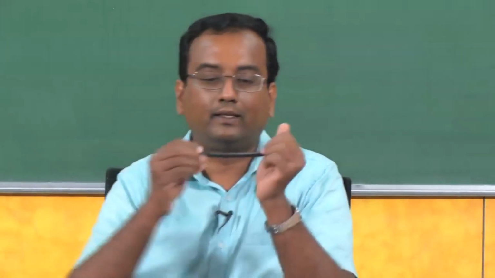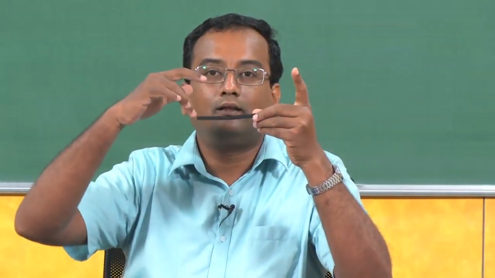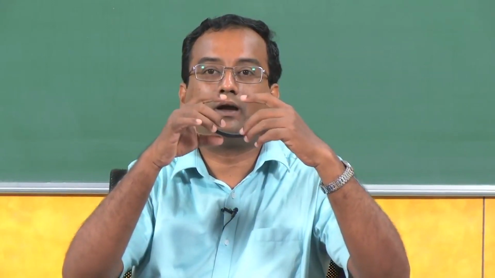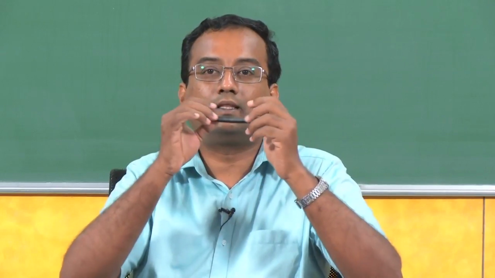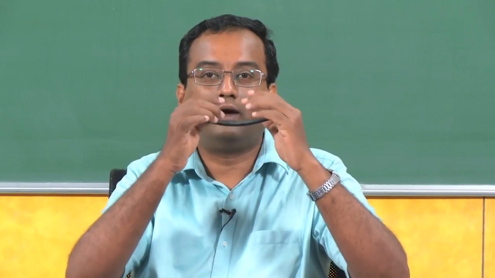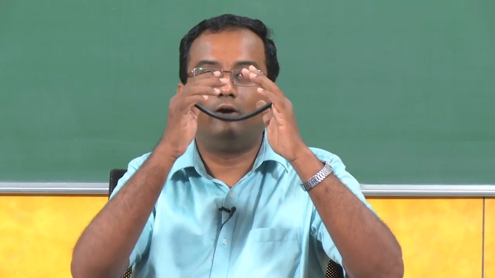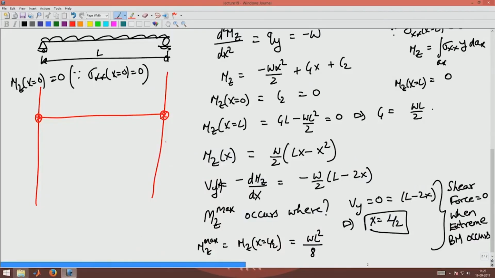The beam bends like this, you can see that the top surface is in compression and the bottom surface is in tension, because the length at the bottom has to increase and the length at the top has to decrease when it curves like this. Hence the tension occurs at the bottom, so we will plot the positive bending moment at the bottom and negative bending moments at the top.